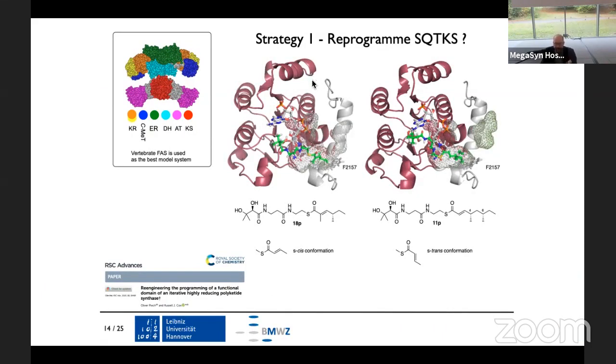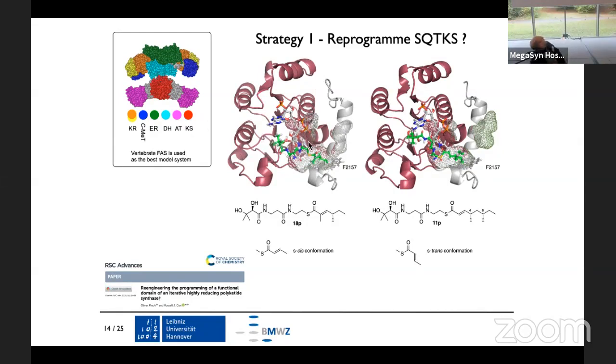And this is again just an example from the ER, the enol reductase. And again, this is a very simple model, just made using Swiss-Model and the SQTKS sequence threaded onto the vertebrate FAS sequence. We can then dock substrates into the active site.